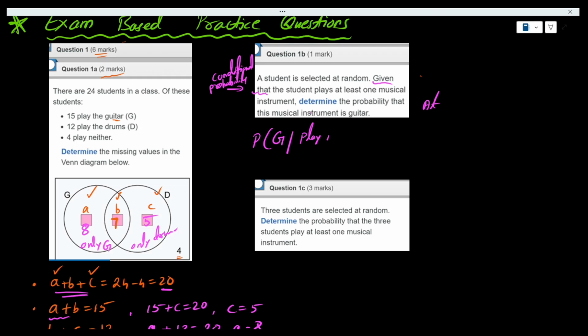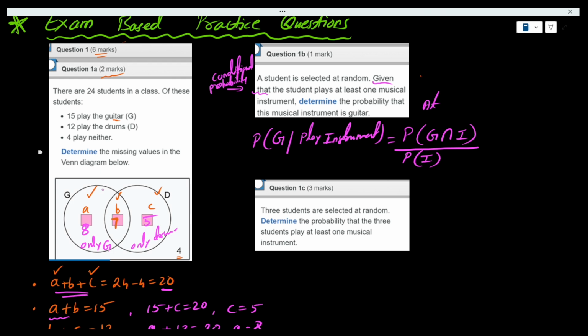At least one musical instrument means playing any of the instruments. Now we know that this is going to be G intersection I by the probability of playing any instrument.